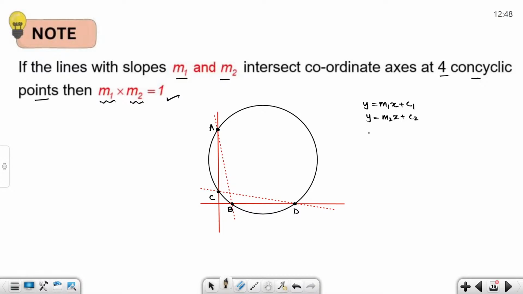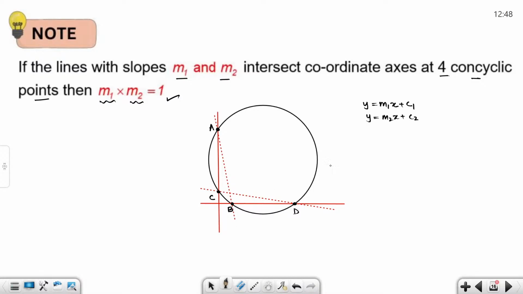Don't worry about it. But first you understand what actually they are saying. There are two lines intersecting the coordinate axis at 4 points. These 4 points are concyclic. Then the product of their slopes will be equal to 1. Right? Now I am proving this. What will be the coordinate of B?